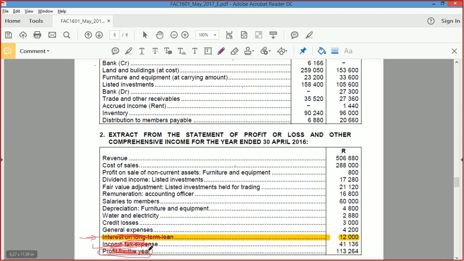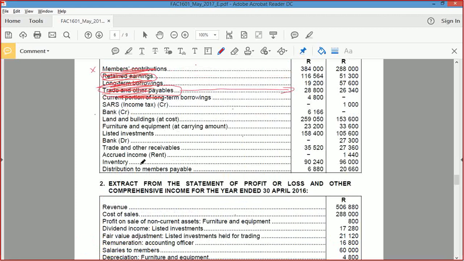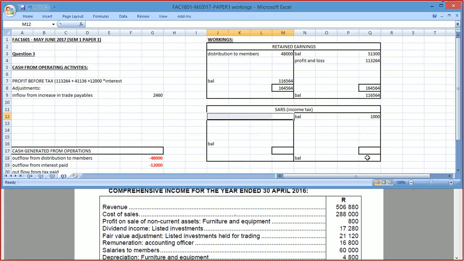No, I don't, but I've got income tax. There's no SARS asset, it's just SARS expense. So the balance is actually 0 here, 0 at the end.